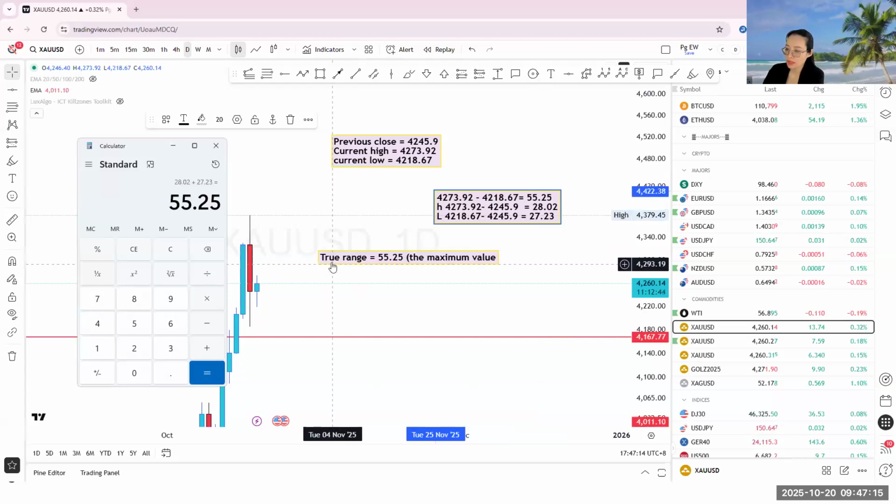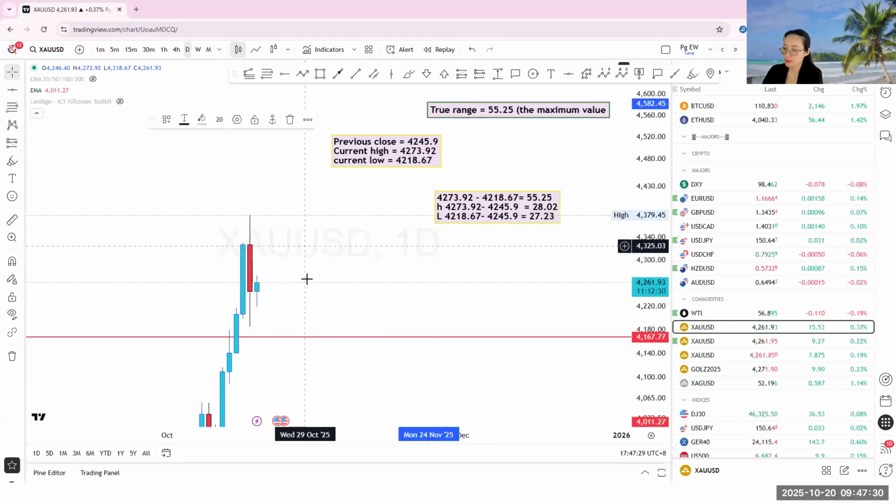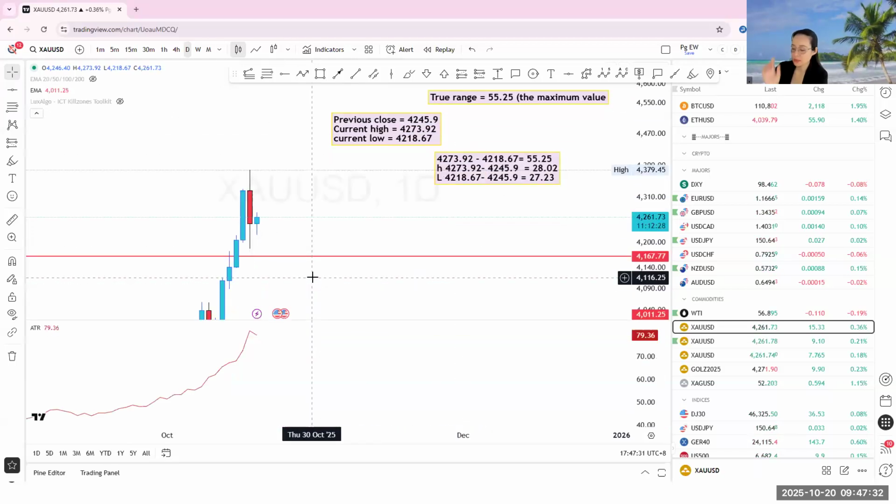So the true range for the D1 time frame, like today, is going to be 55.25. Or if you say, oh, I don't want to calculate, it takes a lot of my time.